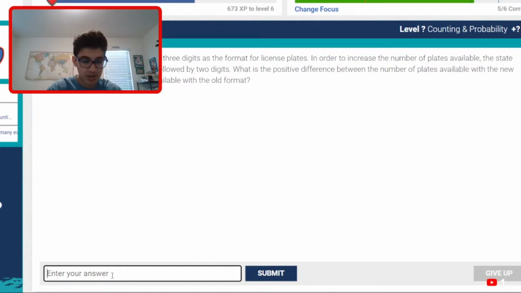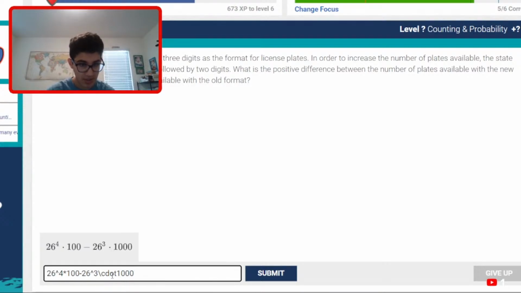So it'll be 26 cubed times 1000, which is obviously a big number. Now instead, it's going to become 26 to the fourth times 100, and you're subtracting this off. And this should be 1000.